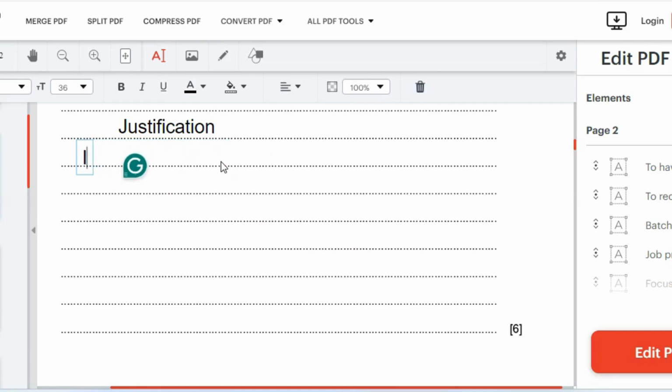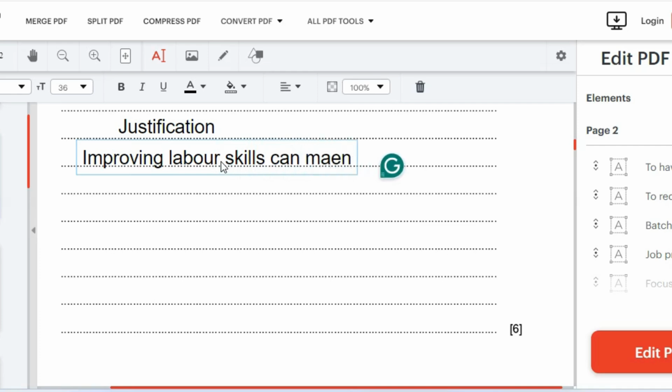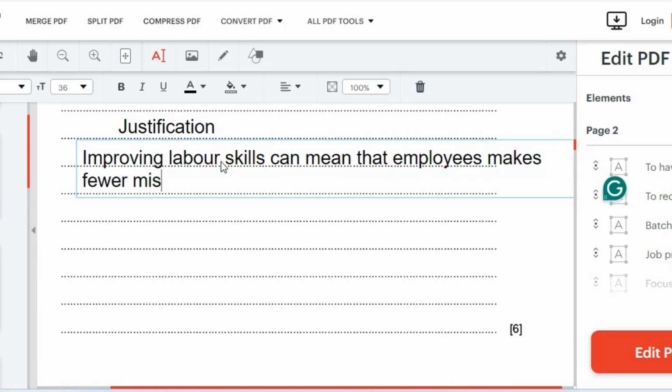You can say improving labor skills can mean that employees make fewer mistakes.